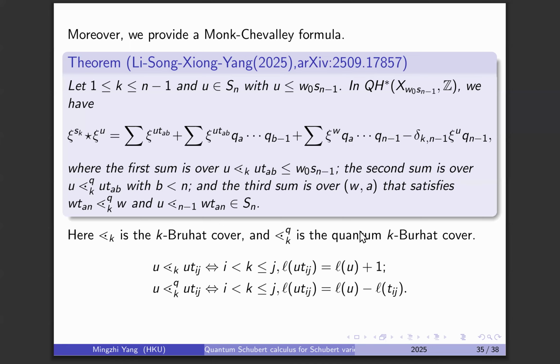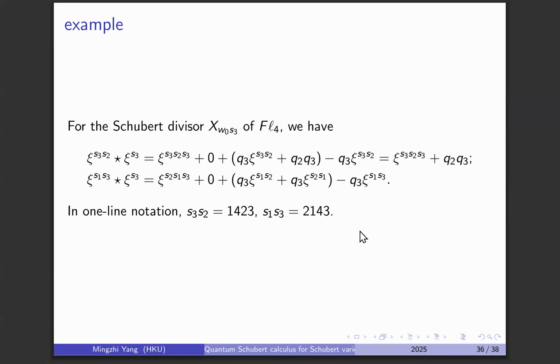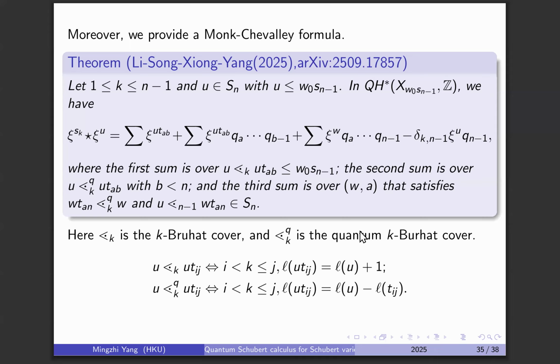So you can see that it looks very similar to the usual Monk-Chevalley formula for the flag varieties. Here are some examples. As you can see in the formula, we sometimes have negative signs, so it's different from the full flag variety case. In the full flag variety, you always have non-negative integers.